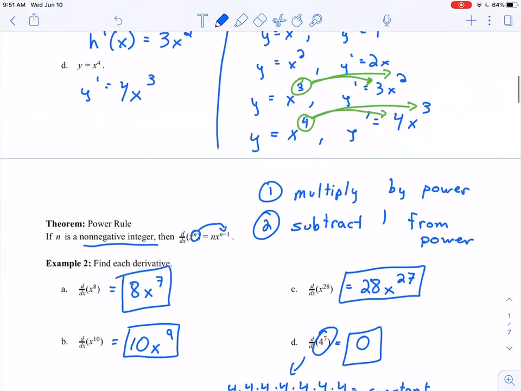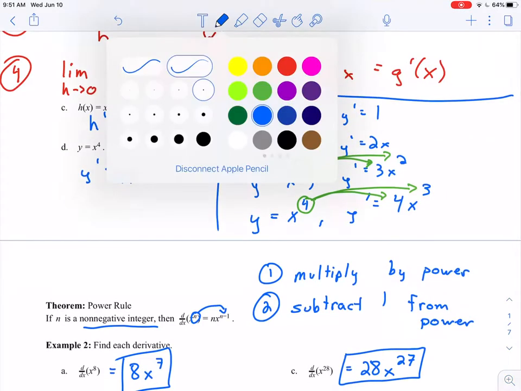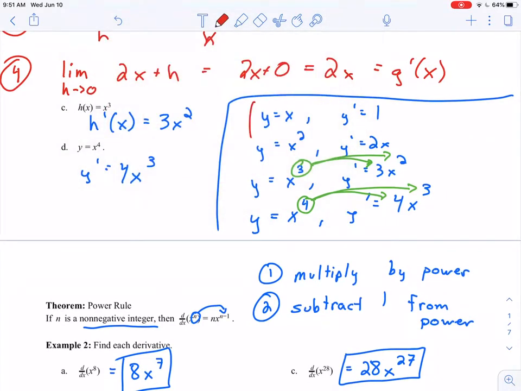One other thing I just want to make a quick note of, there might be one of these examples that kind of stands out as, well, doesn't really look like it fits the power rule. It might look a little bit different, and I just want to talk about why. Our function is really y equals x to the first power.